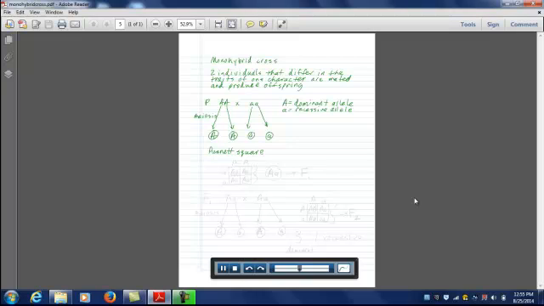A Punnett square in this case is a 2x2 box in which the alleles from each parent are written down on the top and the left side of the box. We will do that as so. On the top we have the two alleles from the dominant individual, and on the left we have the two alleles from the recessive individual.